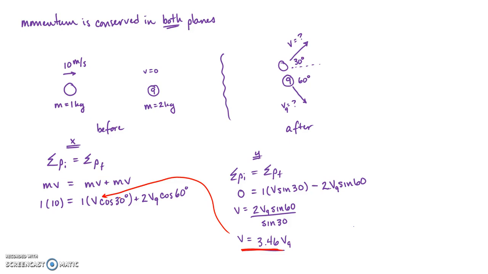So we are subbing and solving. And so now I have 10 equals 3.46 v9 cosine of 30 plus 2 v9 cosine 60. And so now we look, oh, we now only have the one variable v9.